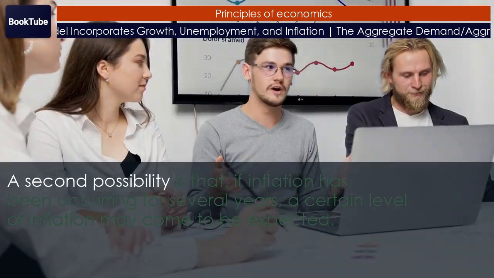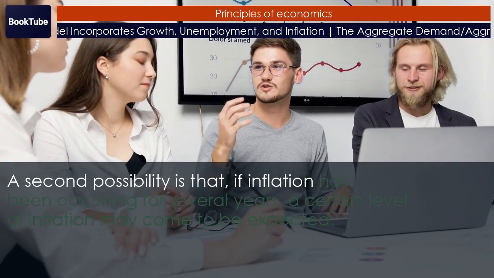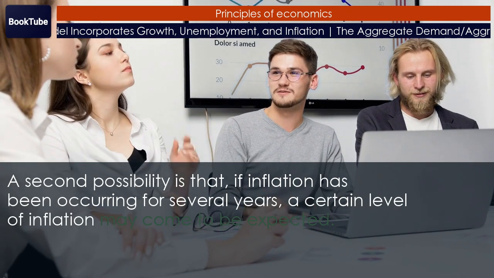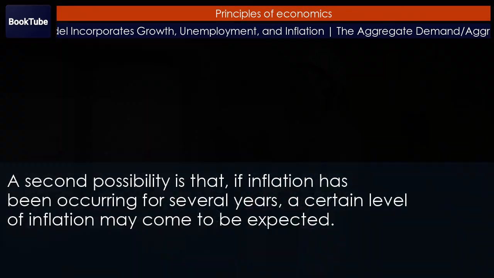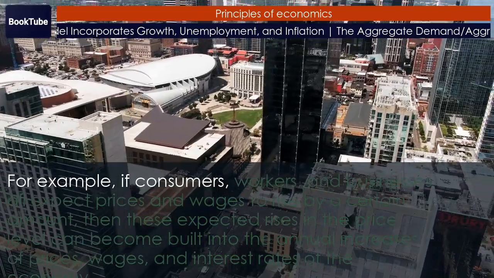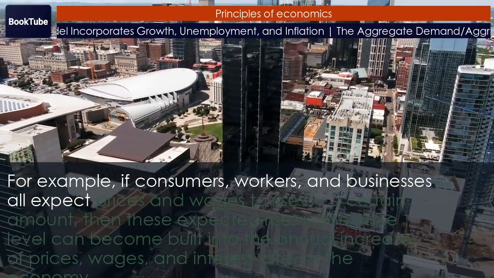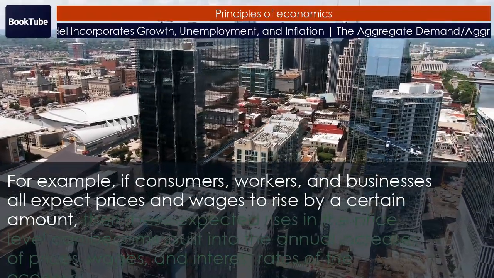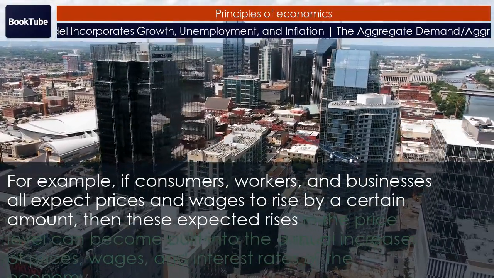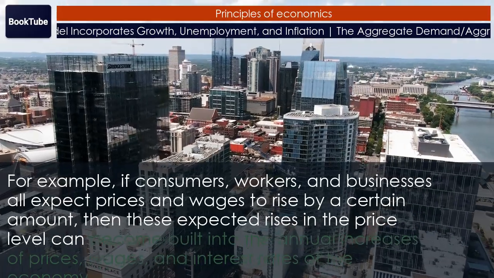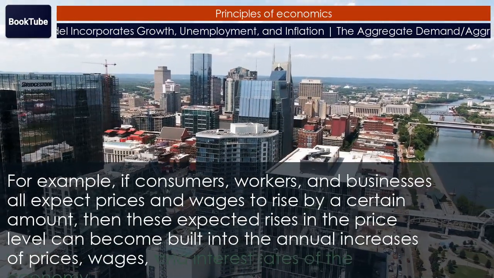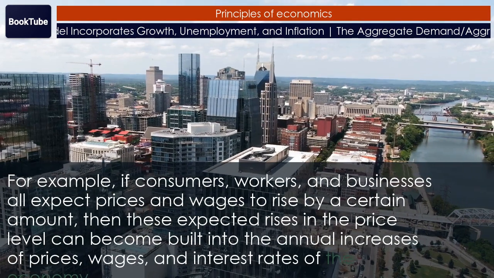A second possibility is that, if inflation has been occurring for several years, a certain level of inflation may come to be expected. For example, if consumers, workers, and businesses all expect prices and wages to rise by a certain amount, then these expected rises in the price level can become built into the annual increases of prices, wages, and interest rates of the economy.